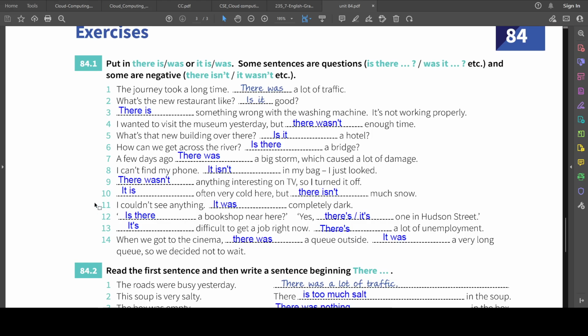So the first one, it is, because we are talking about an unspecific thing, and it is the weather. Remember, we can refer to weather with the pronoun it. It is. There isn't much snow, because we are talking about the existence. We're talking about that there is not, snow doesn't exist.